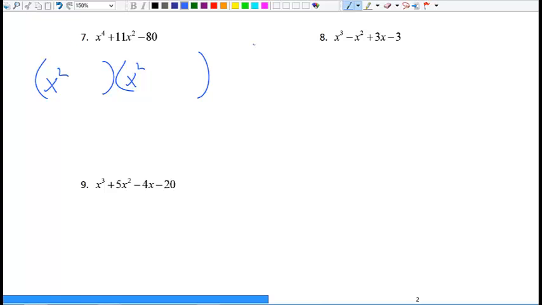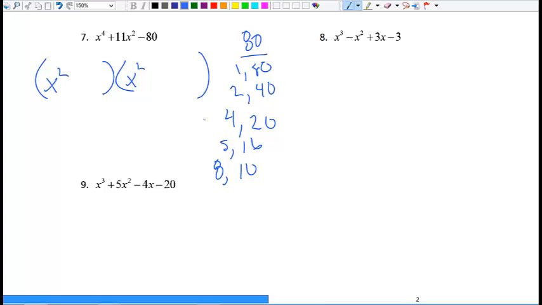And so you might want to make a little factor tree. 1 and 80 would multiply to 80, 2 and 40, 3 doesn't go in there, 4 does, 4 and 20, and then 5 and 16, 6 doesn't, 8 does, 8 and 10.